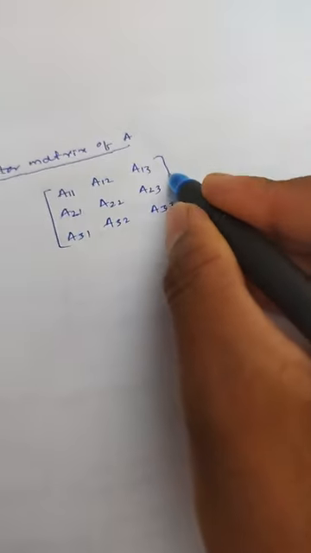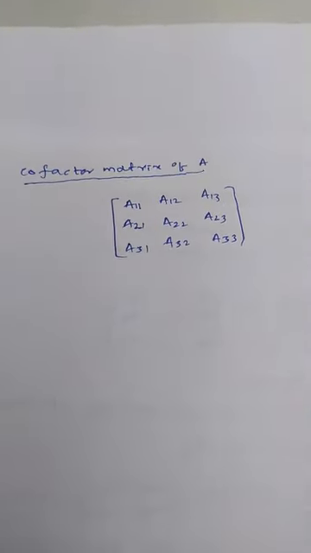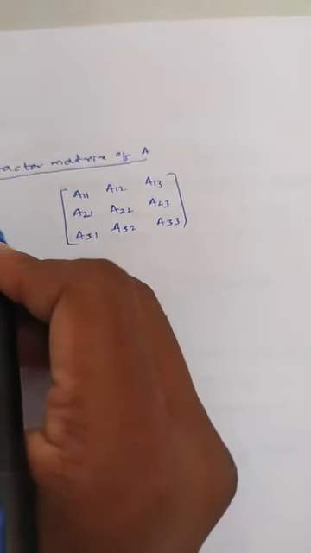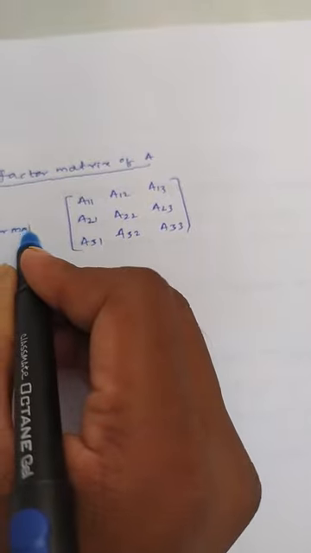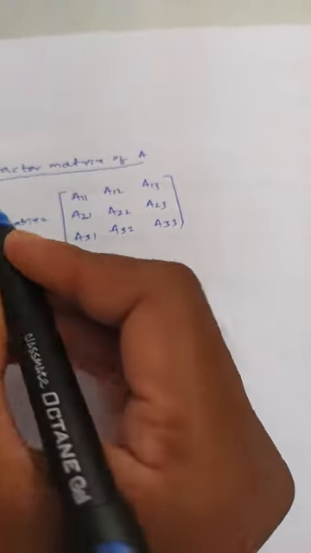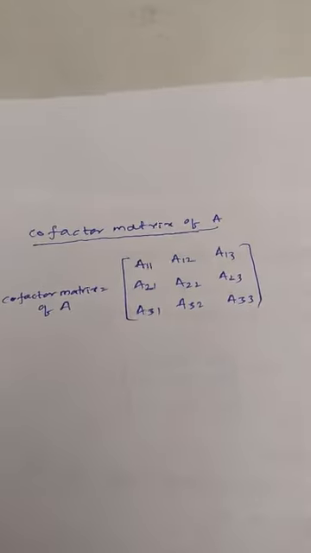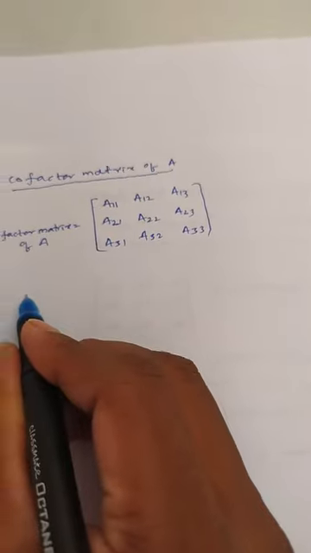What I did was arrange the cofactors of the corresponding elements as rows and columns in a matrix. This is called the cofactor matrix of A. After getting the cofactor matrix of A, we can find the adjoint of A.